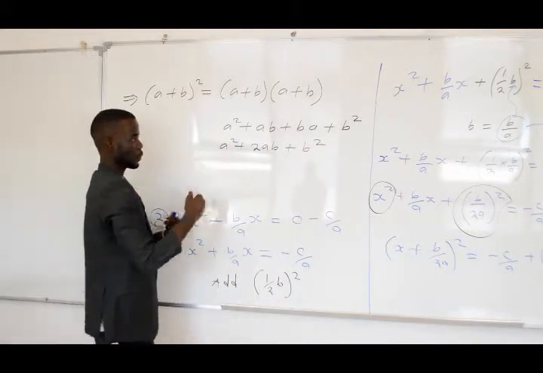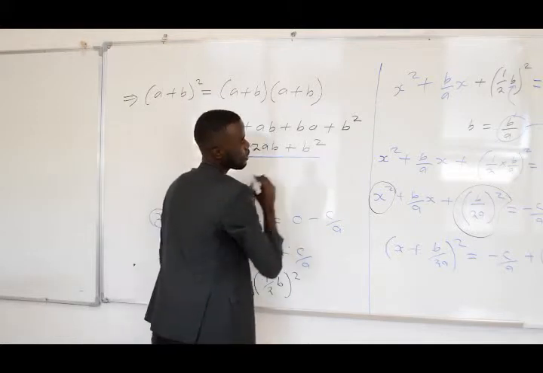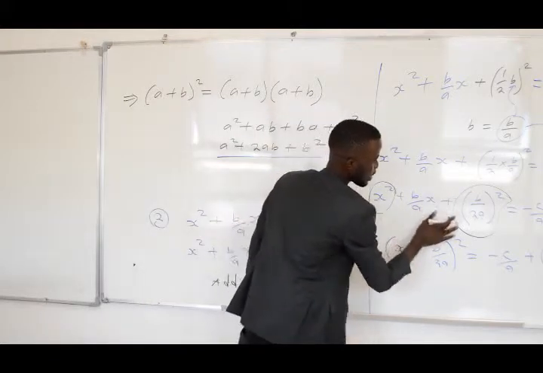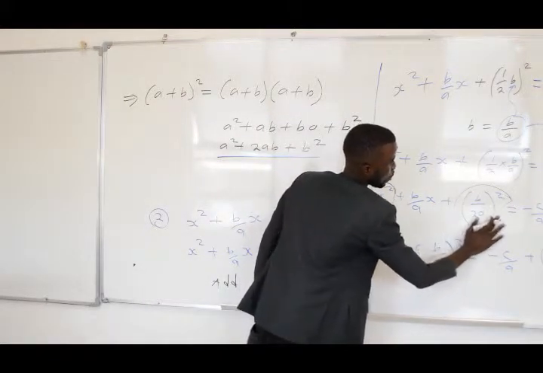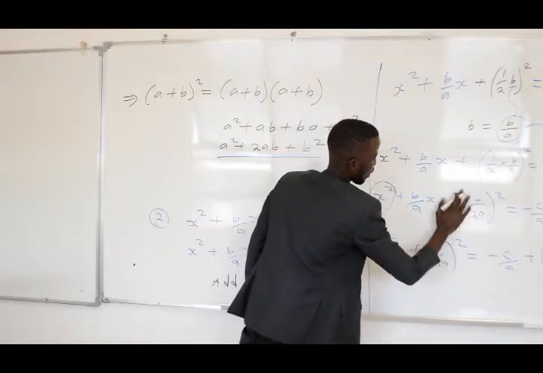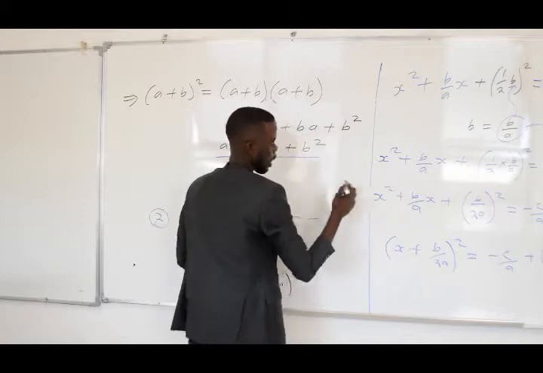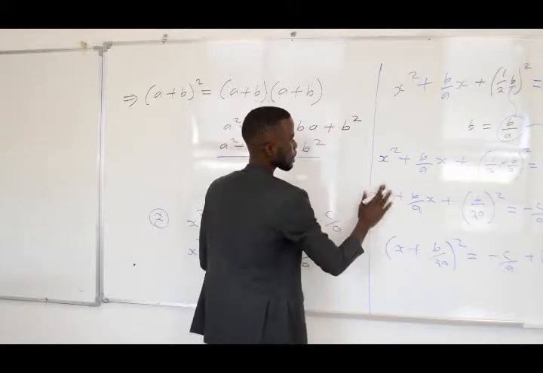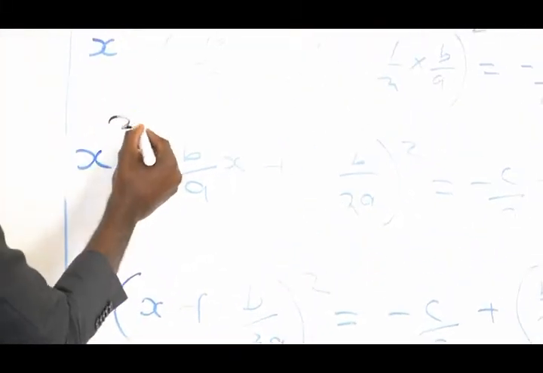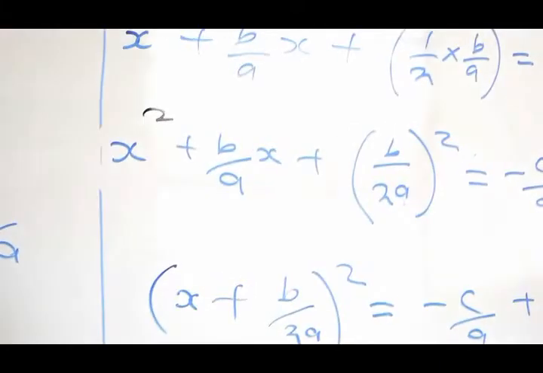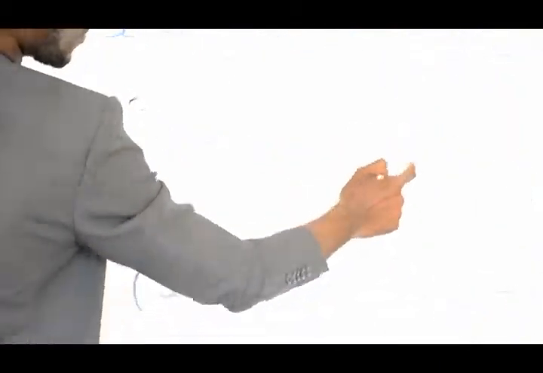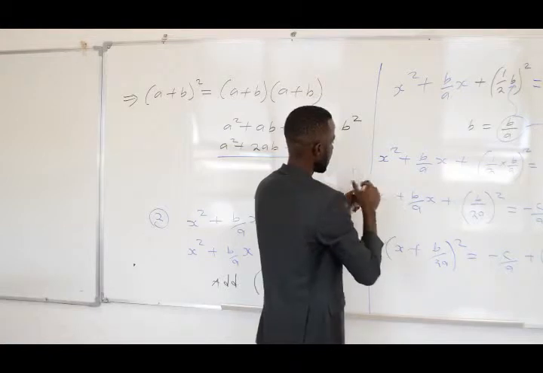Now at this stage, it's the same thing we had reached here. You will notice one thing, that the first variable will have a square. For example, at this point you are having x squared, and at this point you are having (b over 2a) squared. So what does it mean?